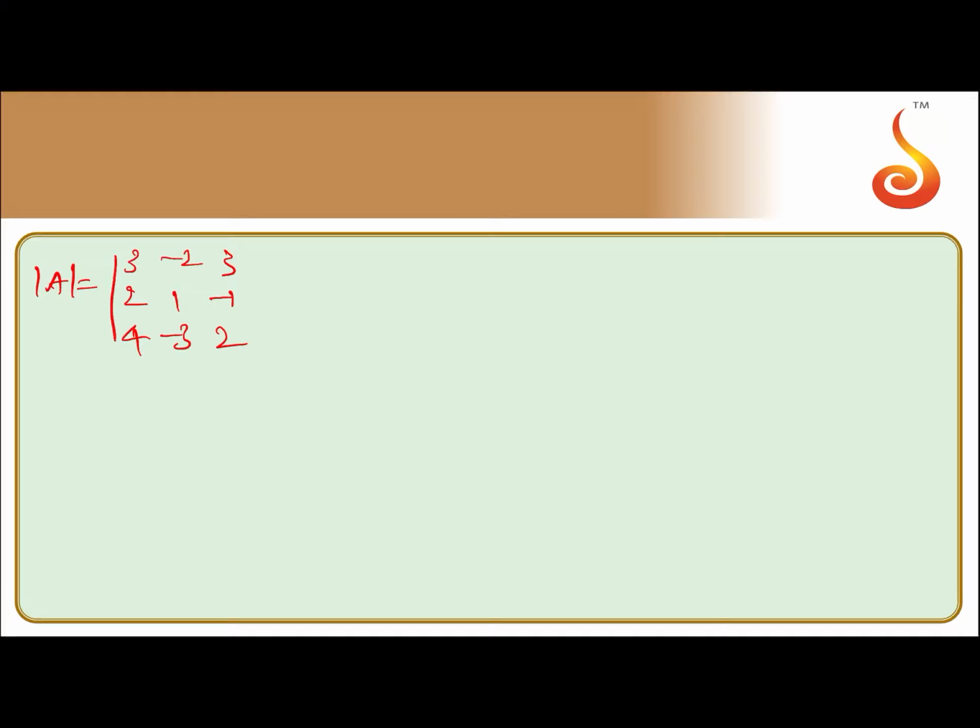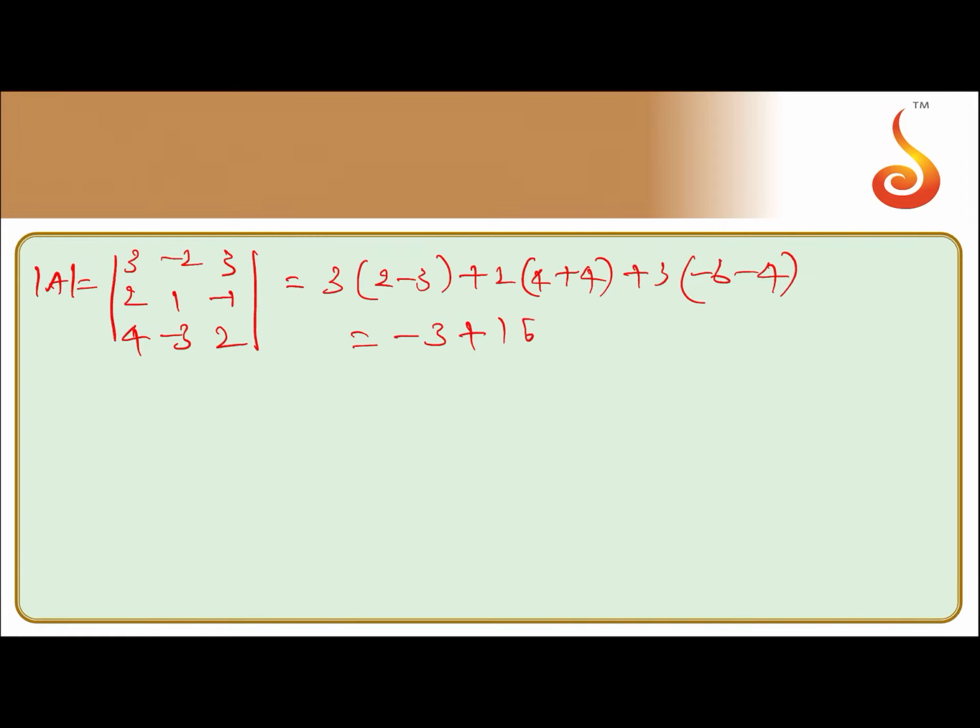The value of this is equal to 3 multiplied by 2 minus 3, minus of minus 2 multiplied by 4 plus 4, and plus 3 multiplied by minus 6 minus 4, minus 3, 8 twos are 16, and plus 30.